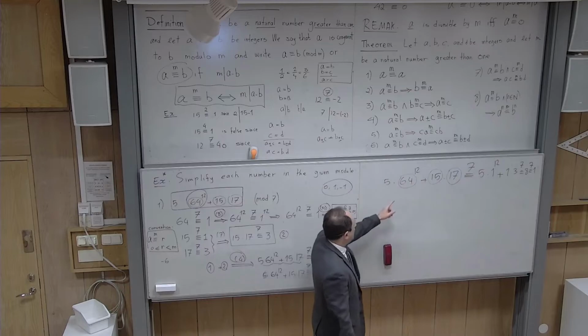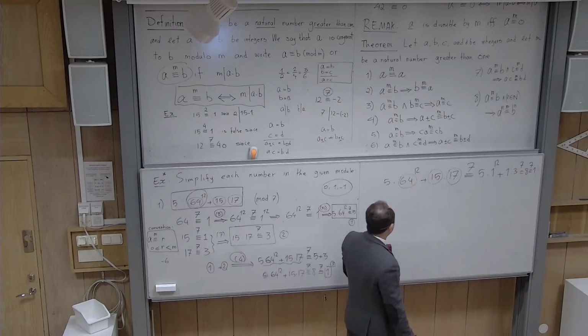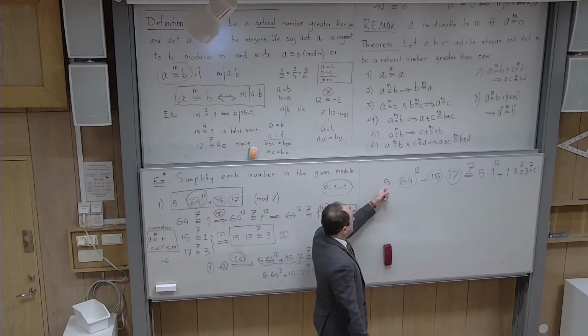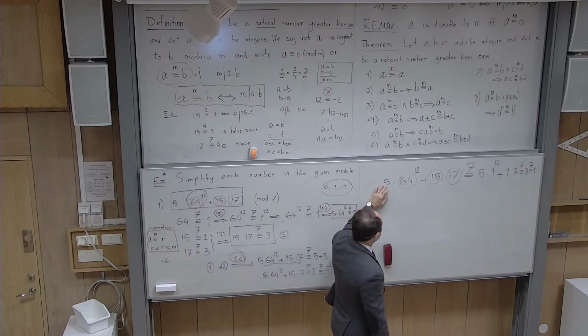But remember, I am not working with exponents. I am just working with the bases. It doesn't mean that I cannot write something else for 5. No, you can. For example, instead of 5, if I have chosen to write minus 2, it is working.